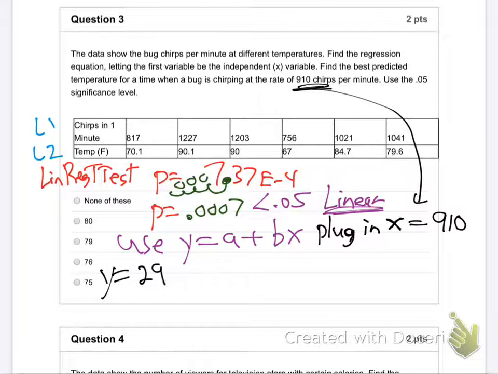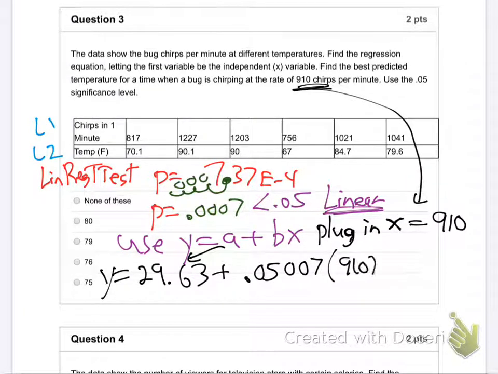A is 29.63, good enough, plus B. So there's A plus B. B is 0.05007, good enough, times X, 910 there. So Y equals, use your calculator. And I'm getting 75.19, so grab the 75.